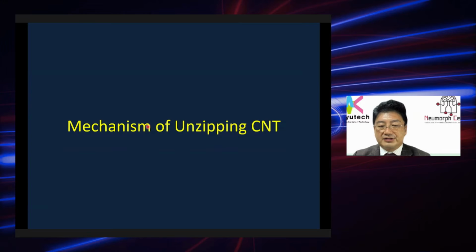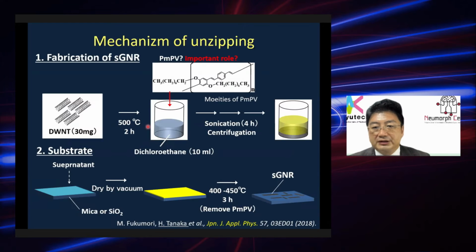So next, we tried to find the mechanism of unzipping carbon nanotube. As I told you previously, we used the unzipping method by using PMPV and sonication. And we don't know how this PMPV works on the carbon nanotube.